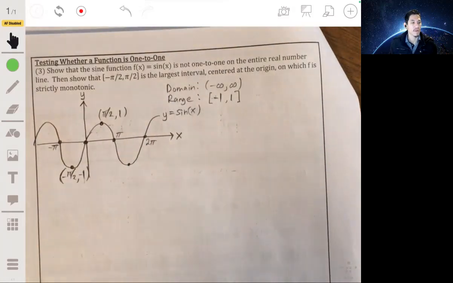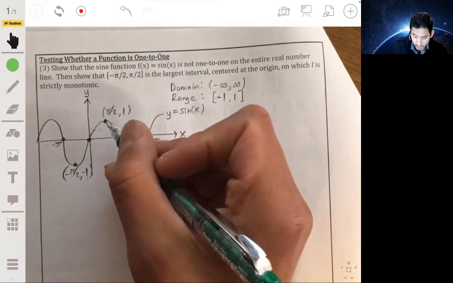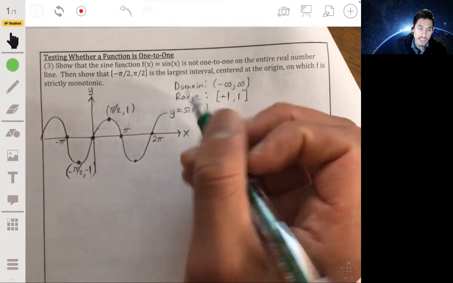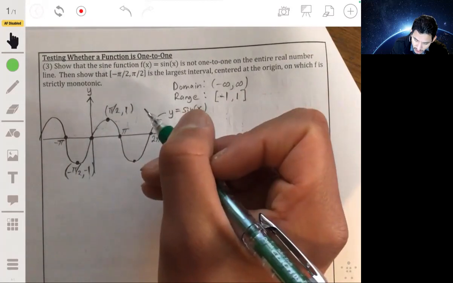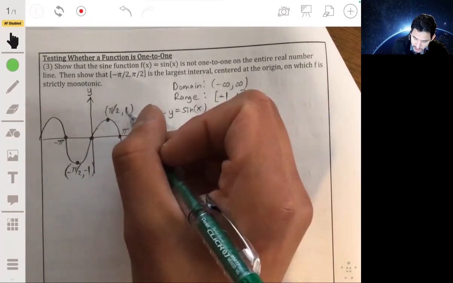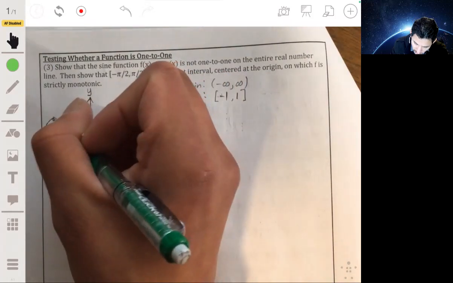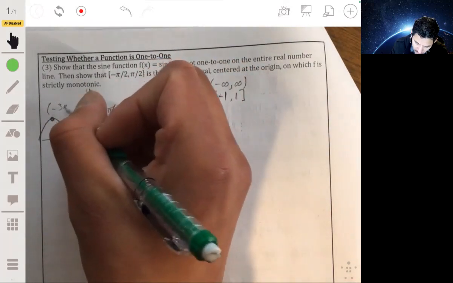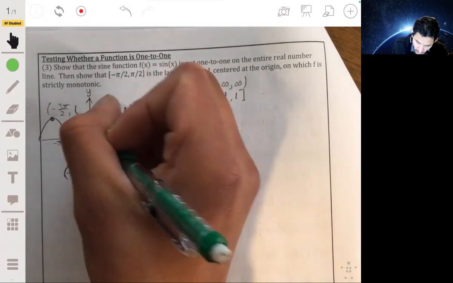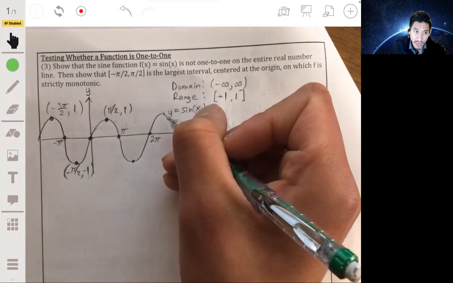So what's the deal here? Well, the problem with this is that we can show that the y value of 1 occurs for multiple points. The y value of 1 occurs when x equals pi over 2, but it also occurs over here when x equals -3 pi over 2, and over here when x is 2.5 pi.